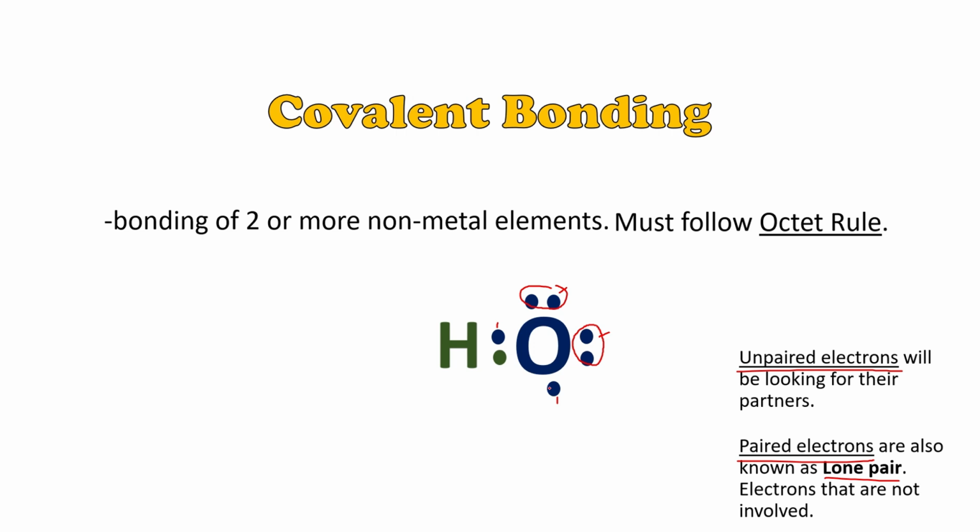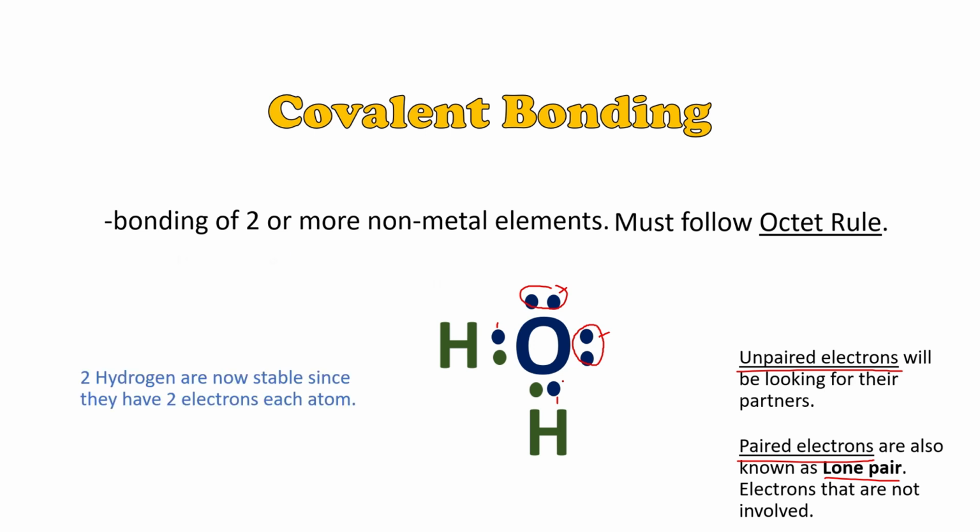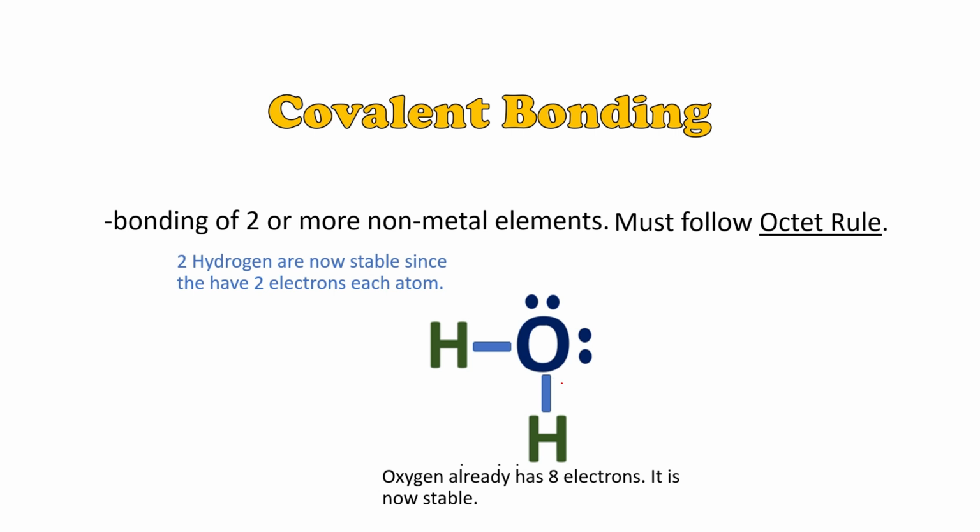So of course, we're going to add another hydrogen to make it stable. For the oxygen to be stable, we need two of the hydrogens to share their electrons with our oxygen. So our oxygen is now stable, and this is what we call H2O.